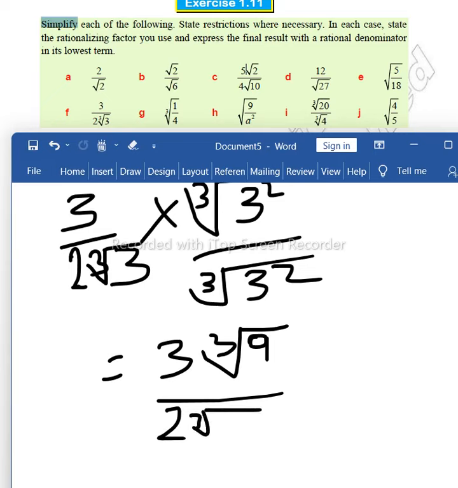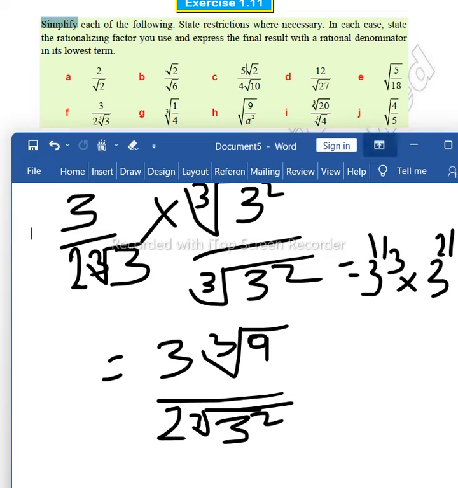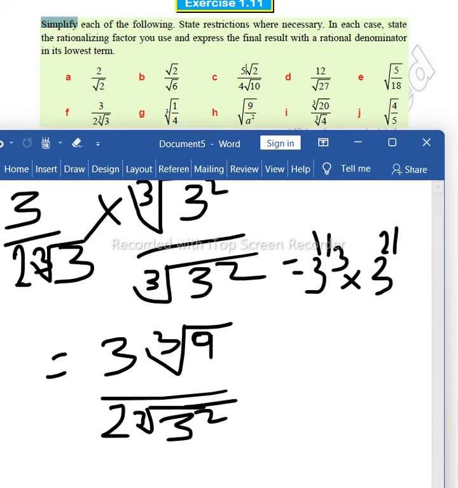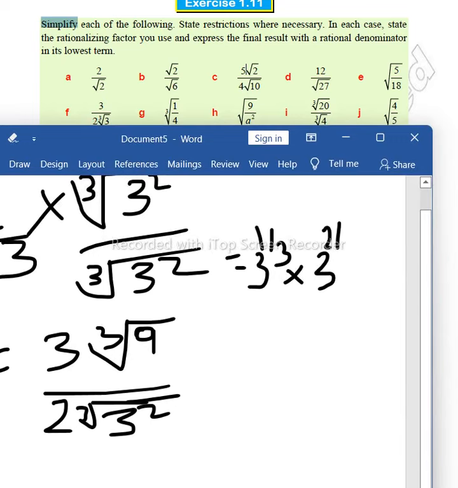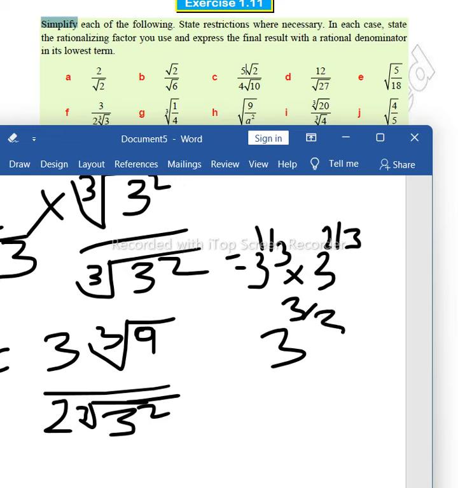Here we have 3, and here the cube root of 3 is 3 to the power of 1 over 3, times 3 to the power of 2 over 3. Again, we can add the powers, 1 plus 2 over 3, so we get 3. So we can simplify like this.